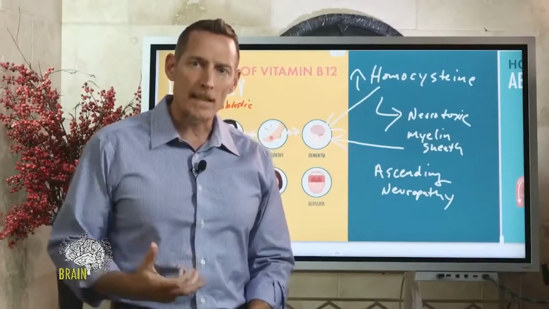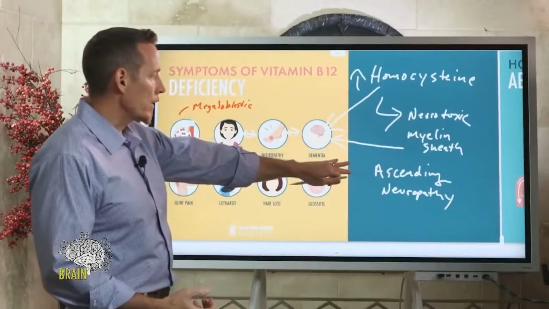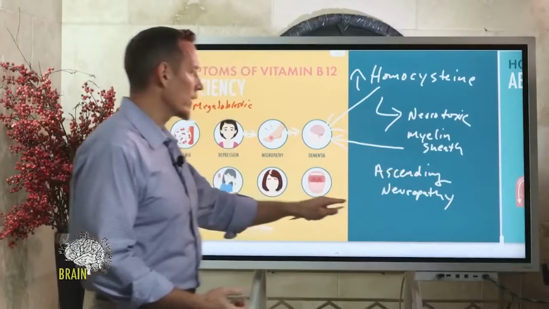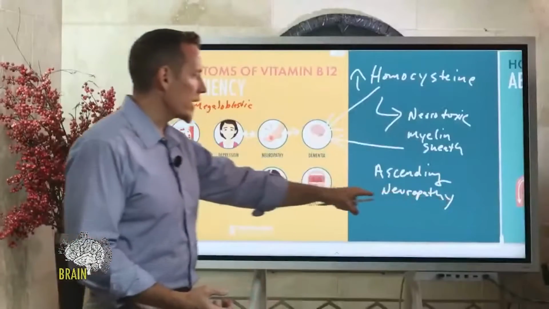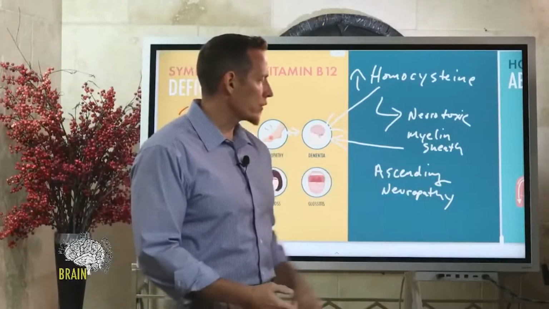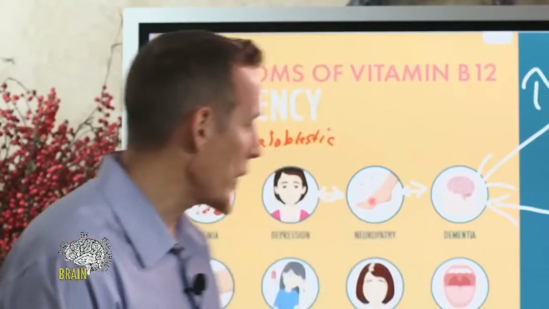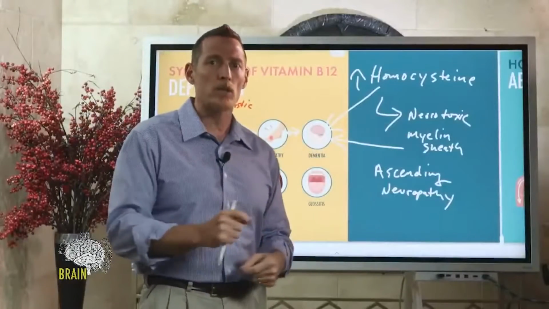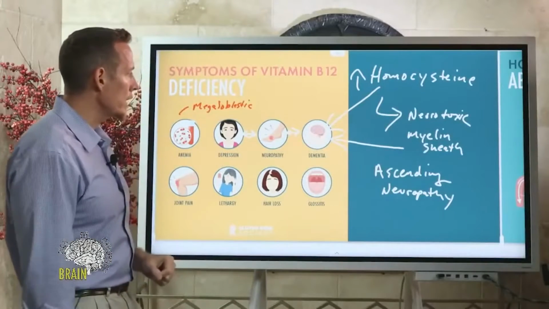That's called an ascending neuropathy, and this is almost always, in my experience anyway, a B vitamin deficiency, particularly vitamin B12. So if you've got a neuropathy, just keep that in mind, ascending neuropathy. I've seen cases where doctors were doing CT images of the spine, MRIs of the spine, trying to find damage to the spine itself that's leading to that neuropathy. But when the neuropathy starts from the bottom and works its way up, I want to emphasize, usually it's B12 contributing to that problem.